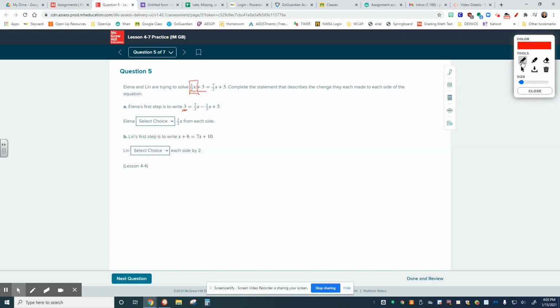And then when we look at what Lynn had done with hers, she went from 1/2 times x plus 3 to x plus 6. So we need to decide what she did with a 2. Like, how did she use that 2? Did she multiply by 2 or divide by 2? And up here, did she add 1/2 of x or subtract 1/2 of x?